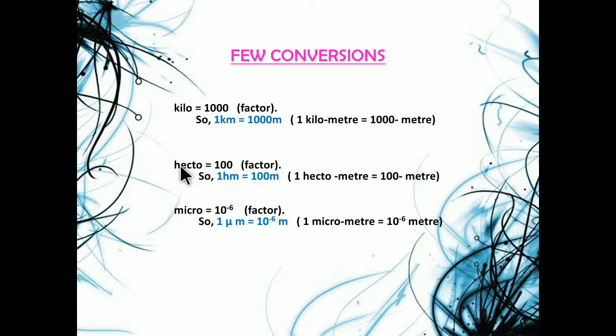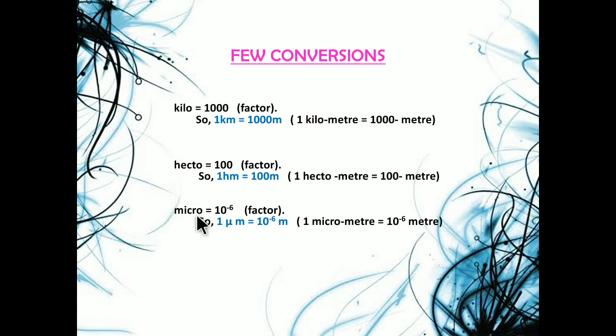Similarly here, hecto means the factor 100. So if I have 1 hectometer and I want to convert it into meter, meter will stay there, but instead of hecto, which is a prefix, I will replace this prefix with its factor 100. So 1 hecto here has been replaced by factor 100 and meter stays there. And hence we have converted hectometer into meter.